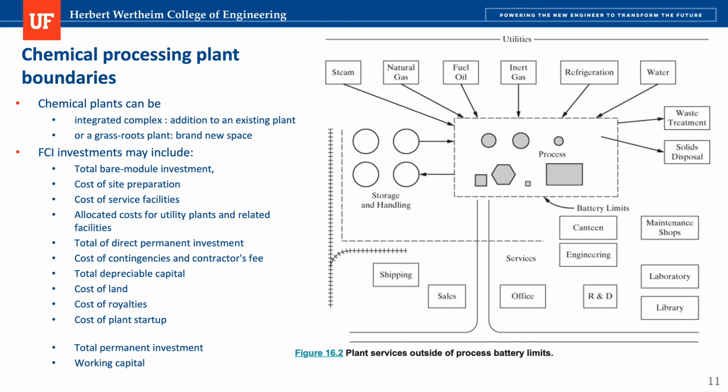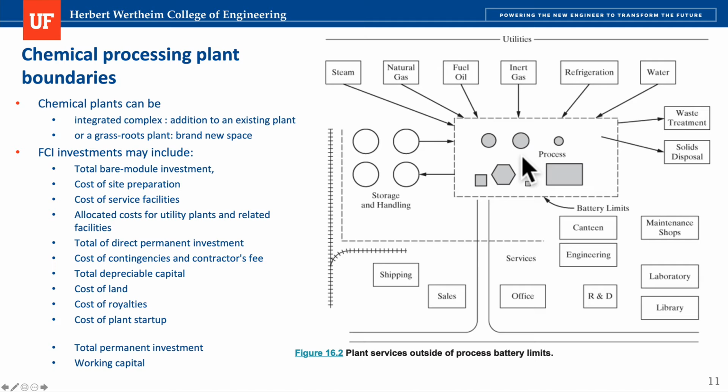Depending again on whether your plant design will be part of an integrated complex or a grassroots plant, you may have different things included in the fixed capital investment calculations. For example, you have what we call the total bare module investment, which is concerned with the cost of installing and setting up equipment in the process within the battery limits, which is this area here in the process.